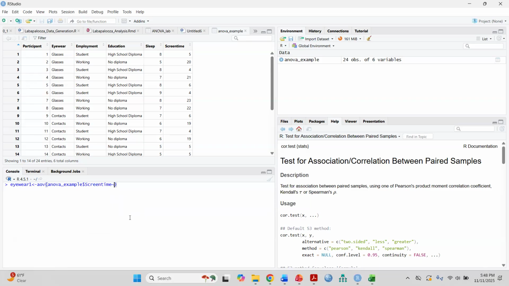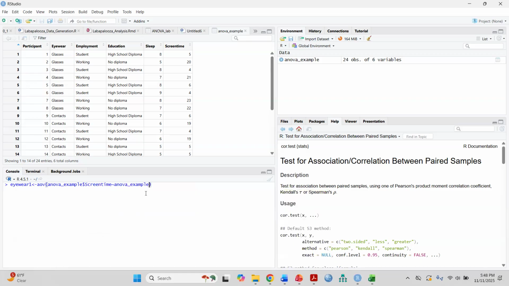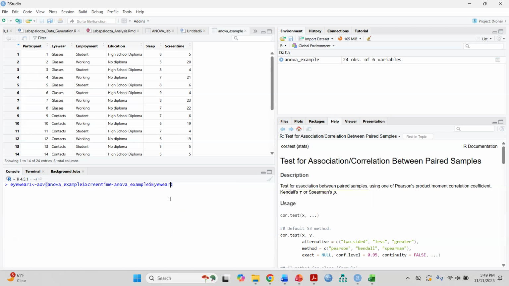And you want to make sure that whatever independent variable you have is a categorical variable with three or more levels. So again, I'm going to specify the data frame, which is ANOVA underscore example. And to specify the column, you put a dollar sign, and I'm going to click on, or you could write out, eyewear. Okay, now I'm going to hit enter. Oh my goodness, nothing happened.